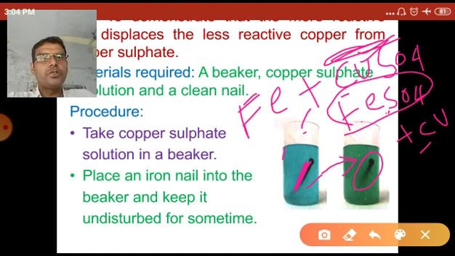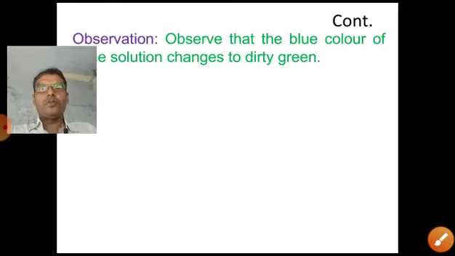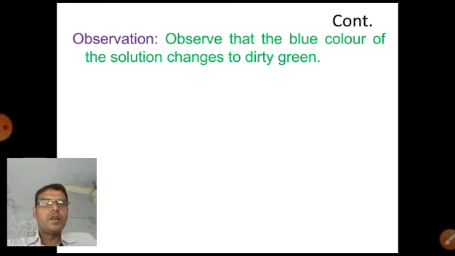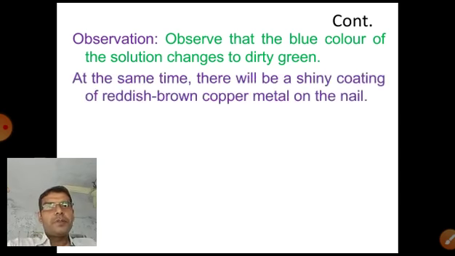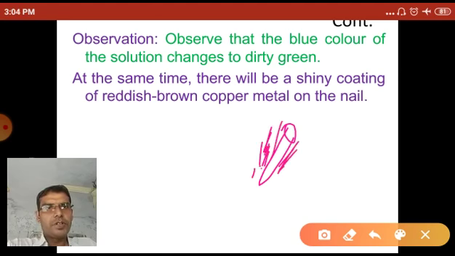So this shows that the given reaction is a type of displacement reaction. What we observed is that the blue color of the solution changes to dirty green. At the same time, there is a shining coating of reddish brown copper metal on the nail. So copper is deposited on the iron nail.